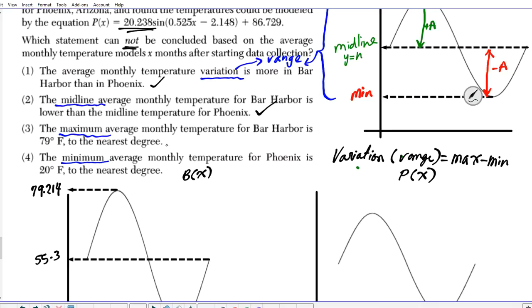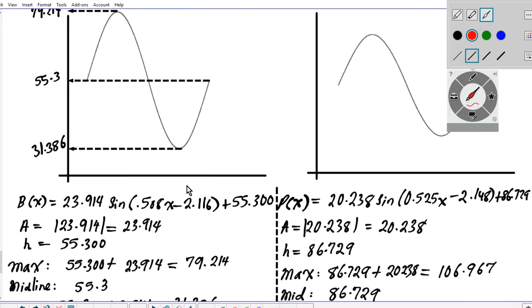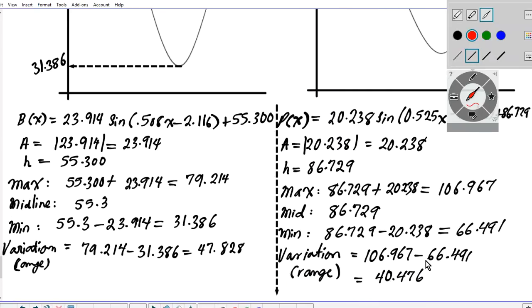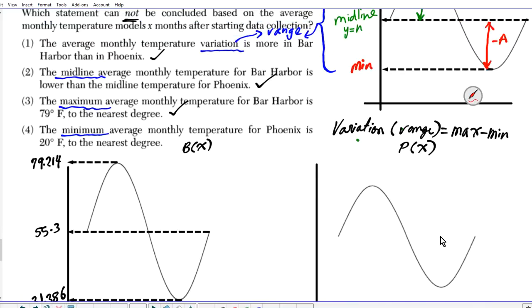So the answer should be option 4, or else something is wrong somewhere. So it says minimum of p of x is 20 degrees Fahrenheit when you round it up. Minimum of p of x, oh no, it's 66 when you round it up. So the one that's not correct is option 4. So that is the answer for question number 15.